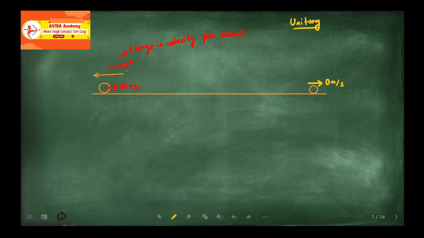What is the unitary method? There are two types of relation: one is direct relation and one is inverse relation. By applying the unitary method, if in each second the velocity gets decreased by 10, then the time taken for the velocity to become 0 from 100 will be 10 seconds, right? For example, suppose you eat 10 candy in 1 minute.